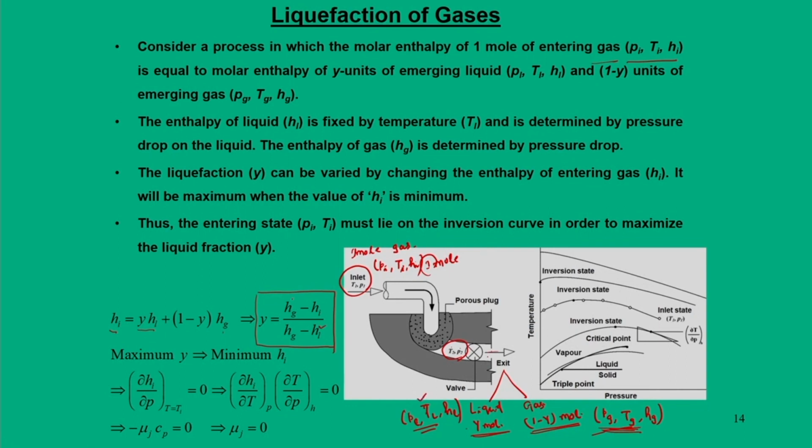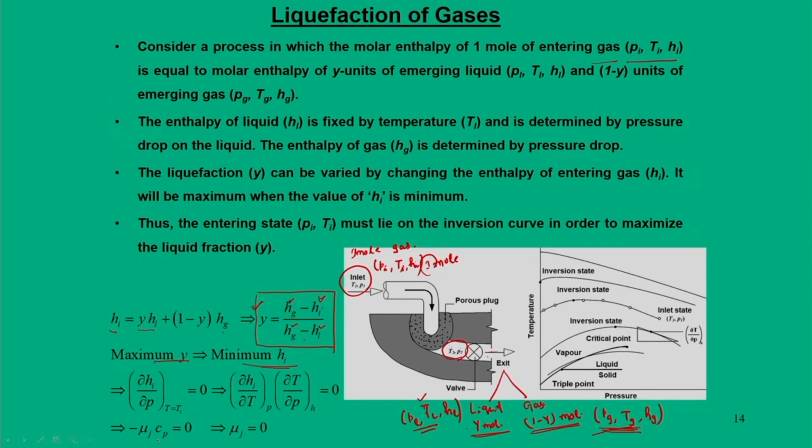So, we do not have much control of Hg and Hl, but what we do have is the initial enthalpy Hi. Now, where should I start my initial enthalpy? If we want to liquefy this gas, we need more and more y, so we need to maximize y. So, for maximum y we should have the minimum value of Hi from this equation.